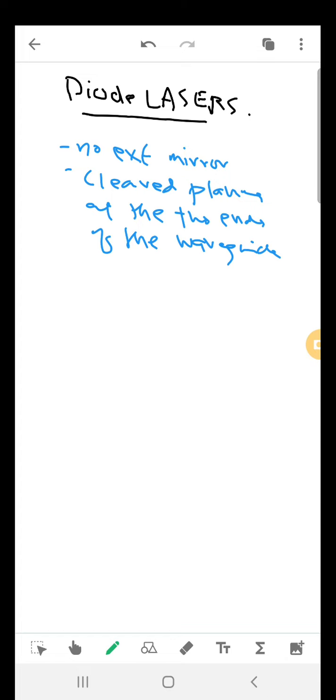They provide the necessary reflection to form the cavity.